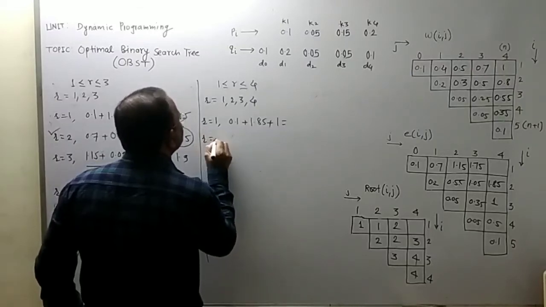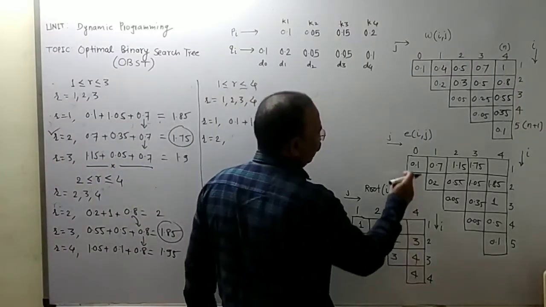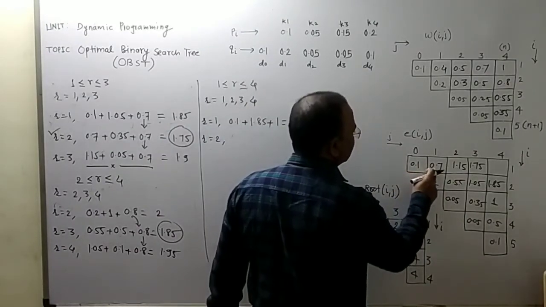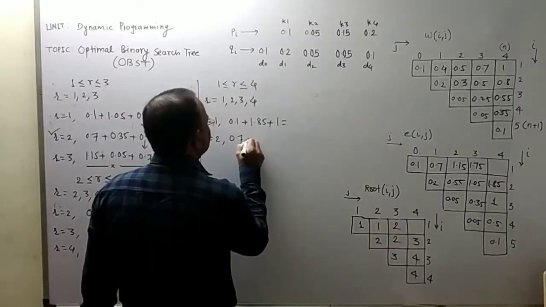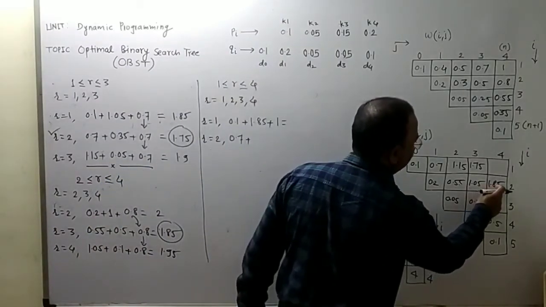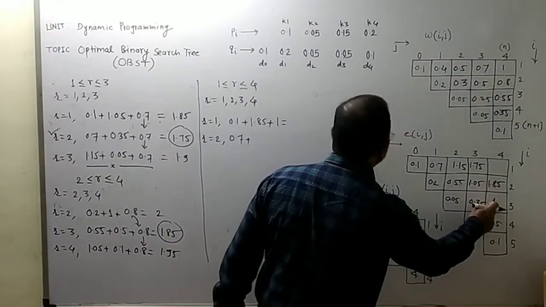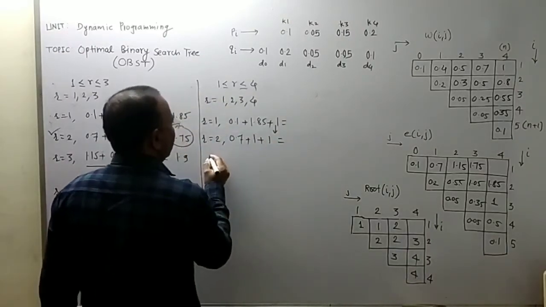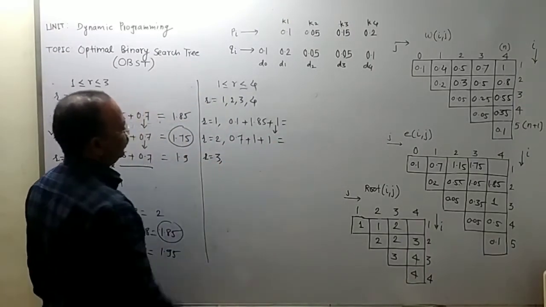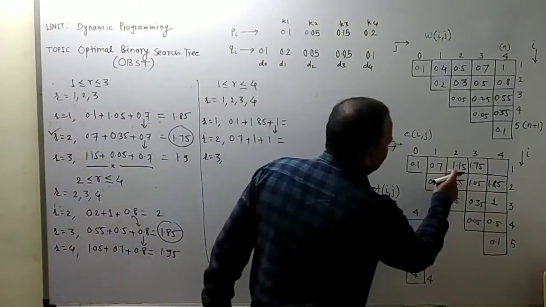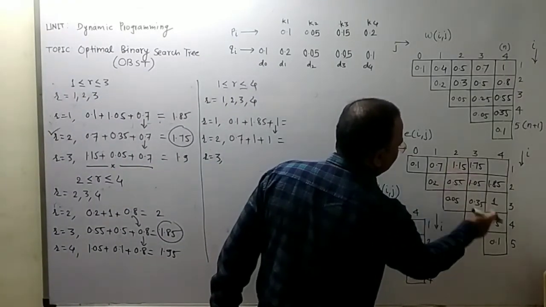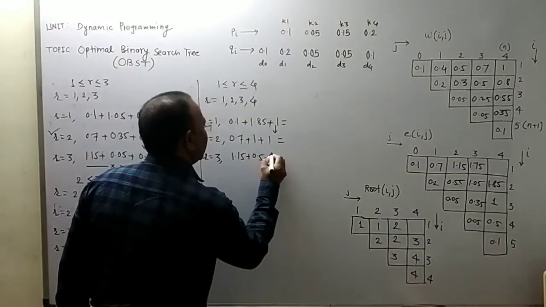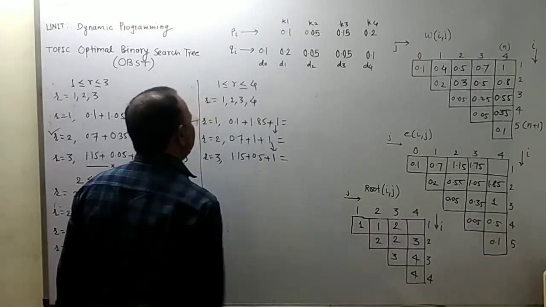The next value is for r is equal to 2. We considered 0.1 for the previous r, now consider 0.7. Similar way, we considered 1.85 for the previous r, now consider 1, plus 1 is equal to. Then for r is equal to 3, add 1.15 with 0.5, plus 1 is equal to.